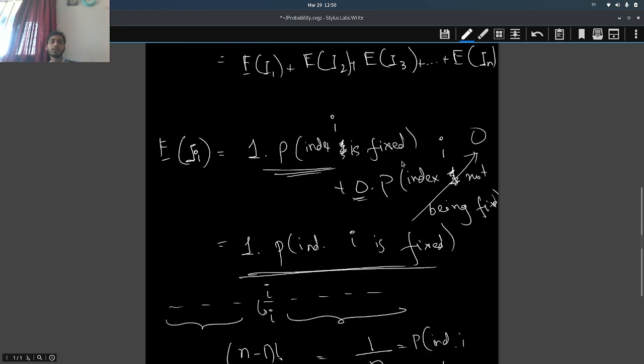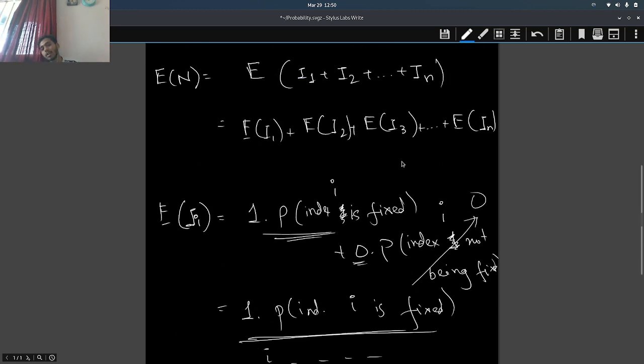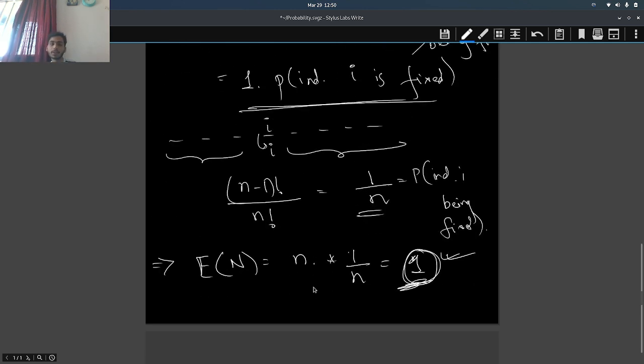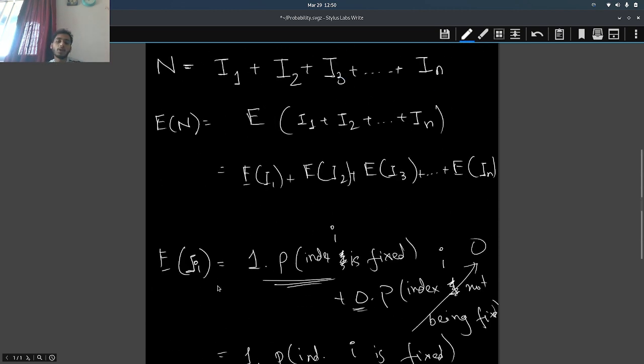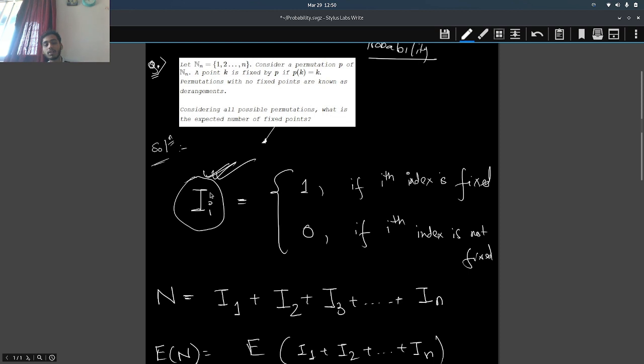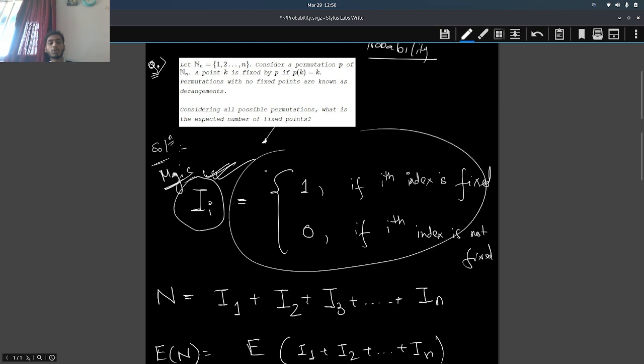At times there will be summations which are solvable somehow, but it would be pretty difficult to get to a value at some exam. So at times finding q_i is itself difficult, the probability that exactly i indexes are fixed. You're getting my point. That's why we use the indicator random variable, and it works like magic to solve a lot of questions.